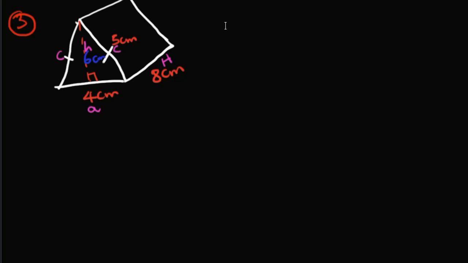So in this case, the surface area, we can use the formula AH plus (A plus C plus C) into the height of the whole triangular prism.